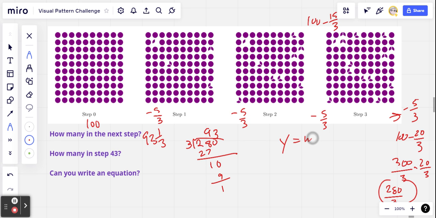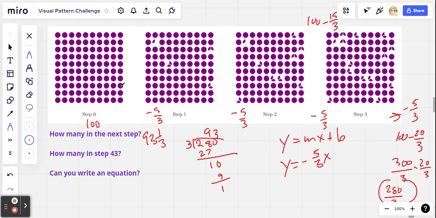In y equals mx plus b, this m is the slope. That's the same as the rate of change in a pattern. So we could say y equals negative 5/3 x. Now, what is the b in this case? Well, in step 0, if we put in 0 for x, this part disappears.